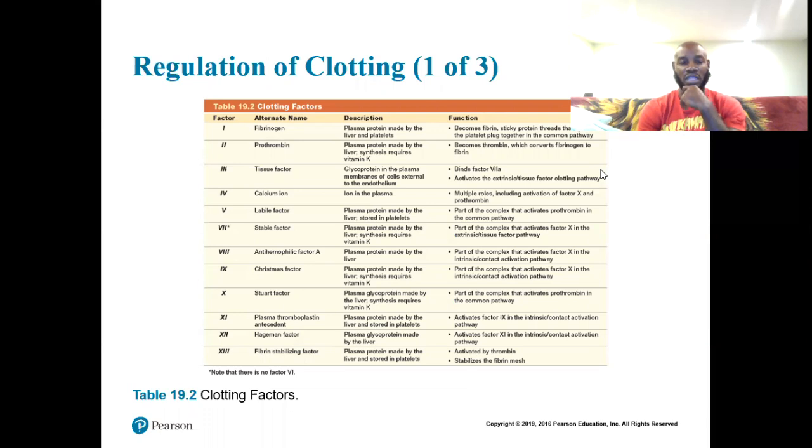Fibrinogen is going to be one of the main things at the top of the list, so you'll definitely see that. So just know that. Also know prothrombin and tissue factor. Go through the list, but those three definitely you want to remember.